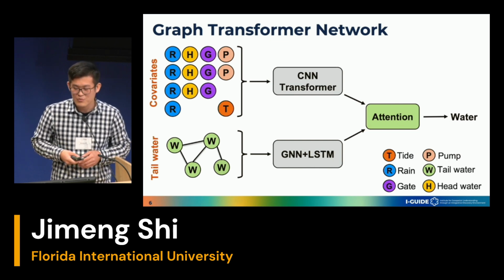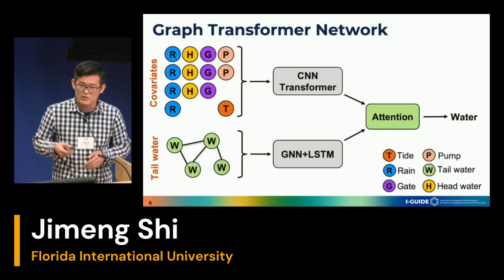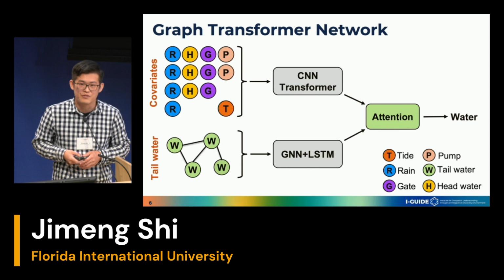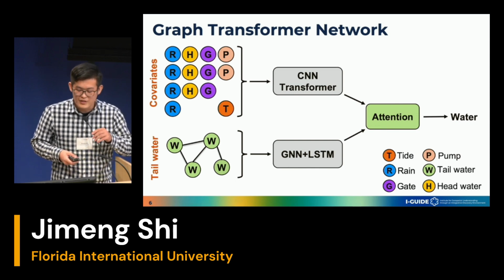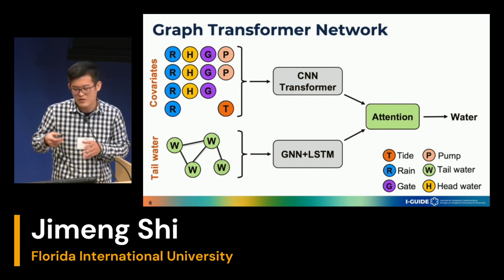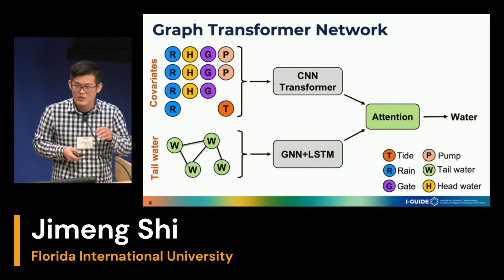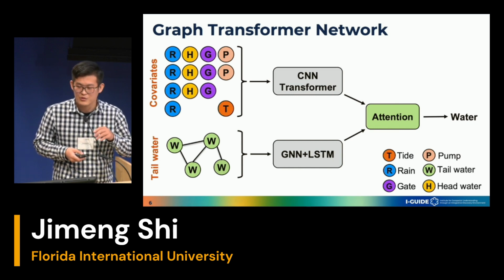At the bottom line, we use a graph neural network and a long short-term memory to learn the spatial and the temporal information of the water levels. Then, to figure out how each covariate impacts the water level, we use the attention layer to learn this dependence relationship. At last, we output the water level in the future.